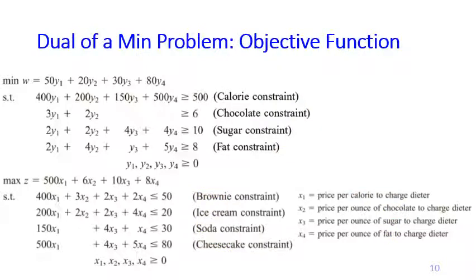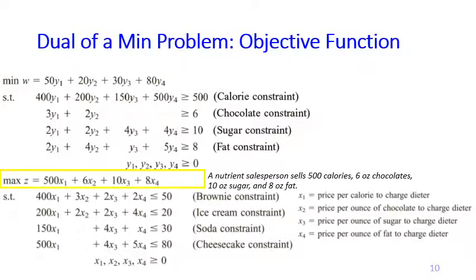So in this case, what story does the dual tell? Well, we can think about as if a nutrient salesperson wants to sell 500 calories, 6 ounces of chocolates, 10 ounces of sugar, and 8 ounces of fat. So X1 is the price per unit calorie that the salesperson will charge the dieter.